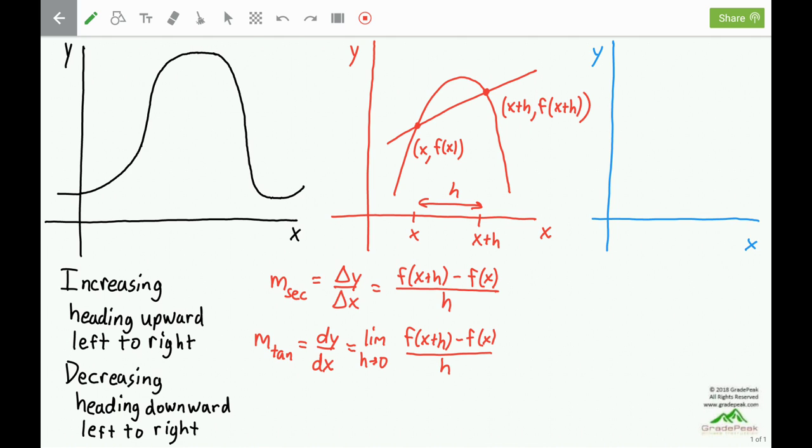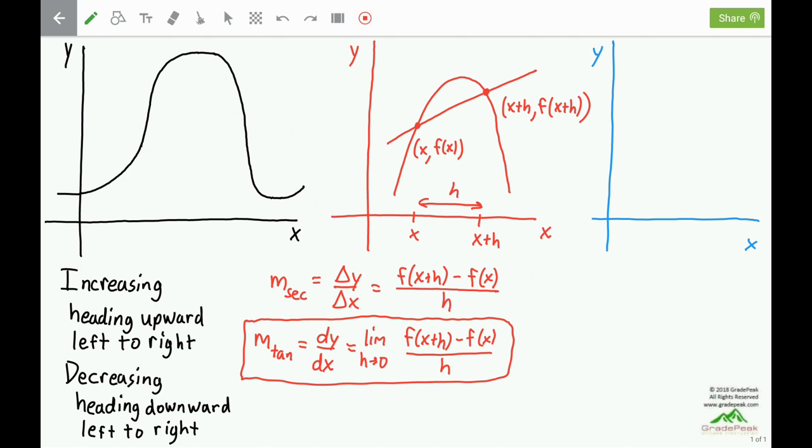This is known as the definition of the derivative. Its result will give you a function that describes the steepness of the curve at every one of its sections, every one of its x-coordinate points.